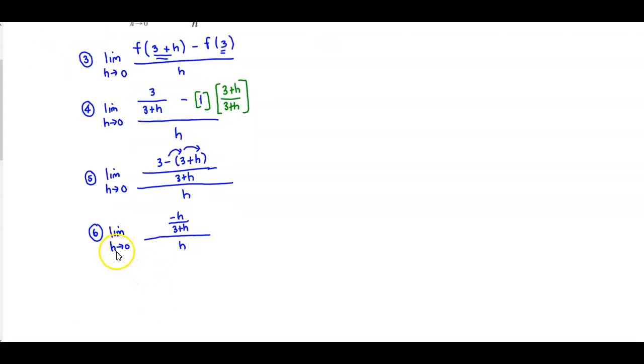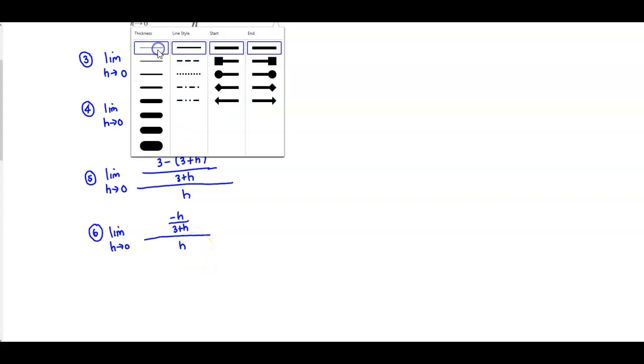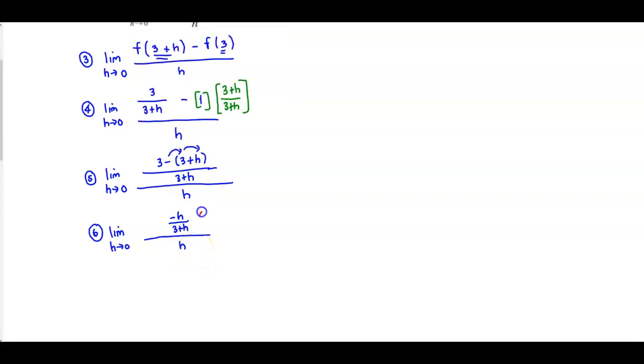When we apply the limit as h approaches 0, we can't here, so we need to multiply the numerator and denominator by 1 over h.